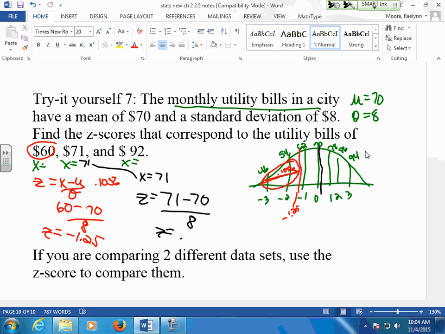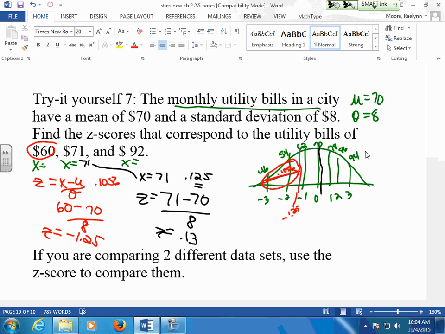What's your z-score? Two decimal places. 0.13. Everybody get 0.13? Did you do this yesterday? Someone got 0.125.